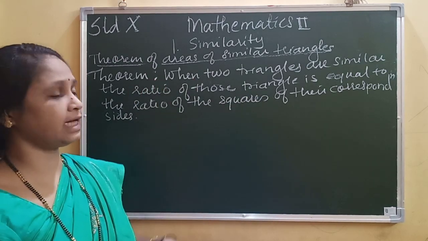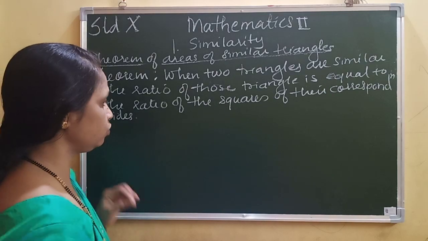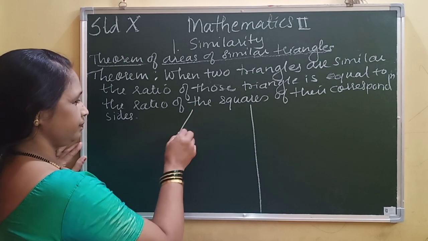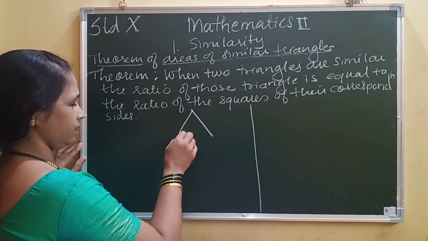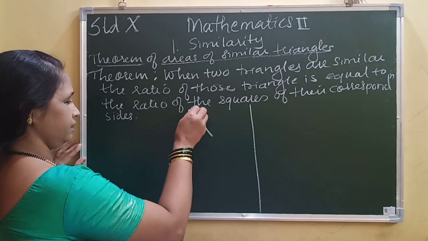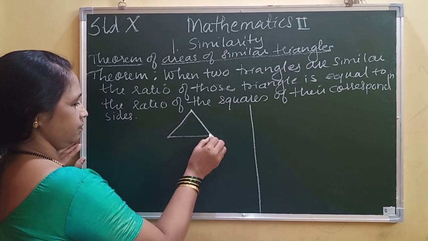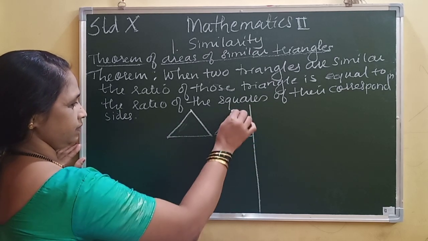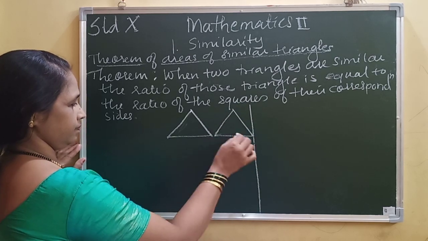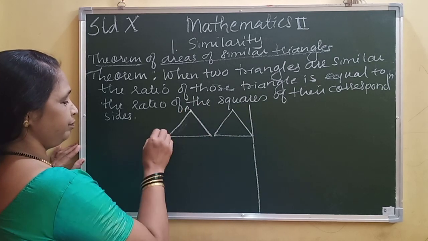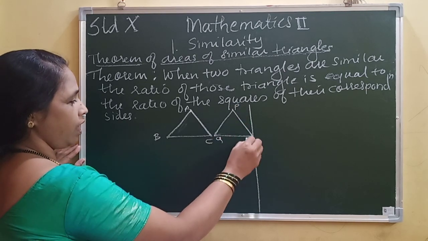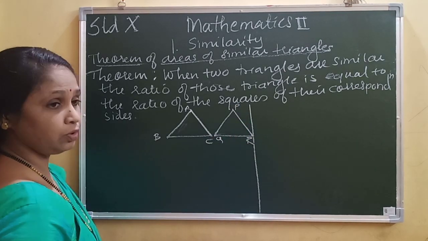When two triangles are similar. So first we will take two triangles, ABC and PQR.